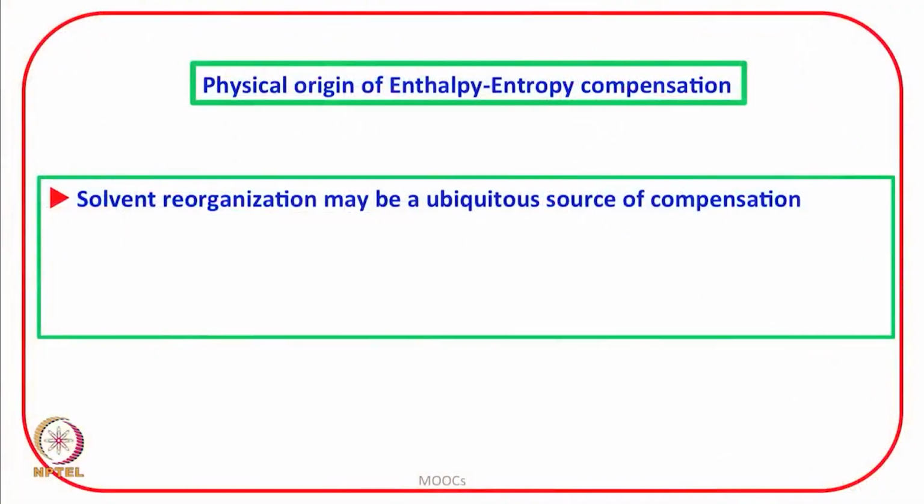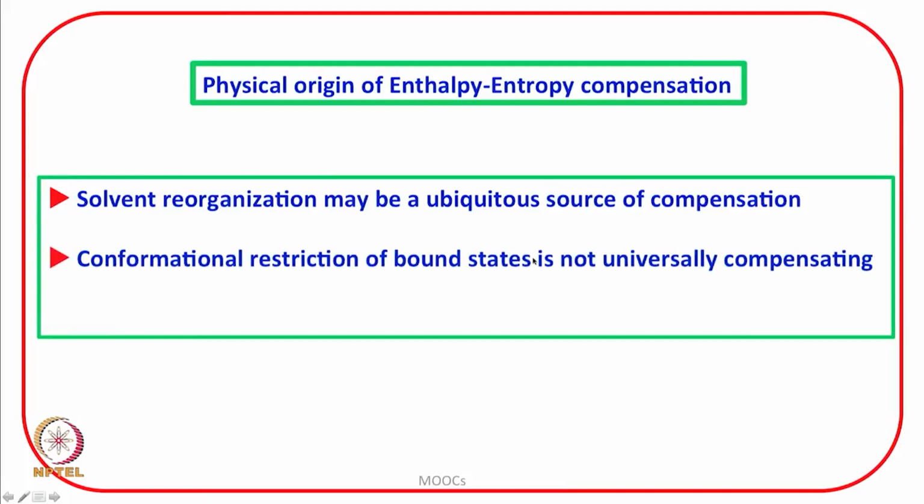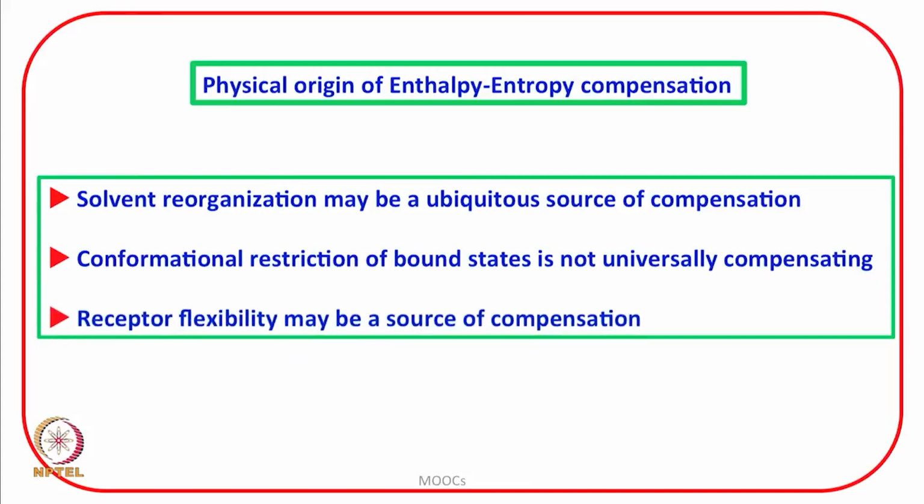The other reasons which have been proposed in literature: one is that solvent reorganization may also be one of the sources for the compensation. Conformational restriction of bound states is not universally compensating, and receptor flexibility may be a source of compensation.